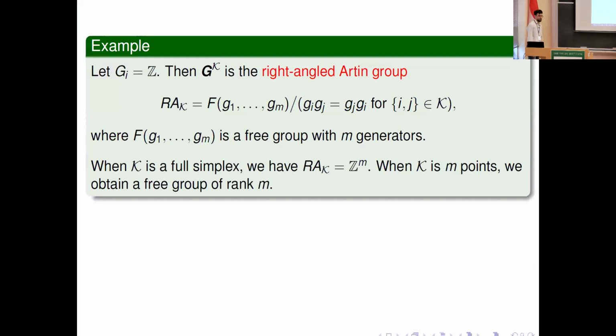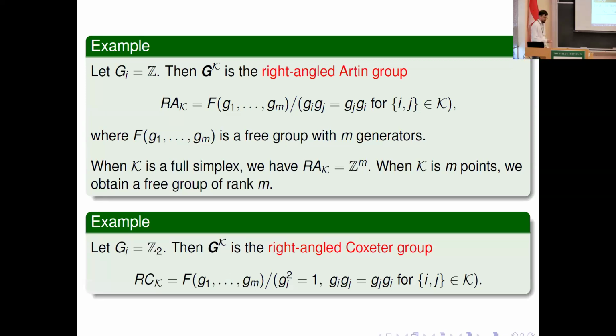When K is a full simplex, the right-angled Artin group is isomorphic to Z^m. When K is m points, we obtain a free group of rank m.